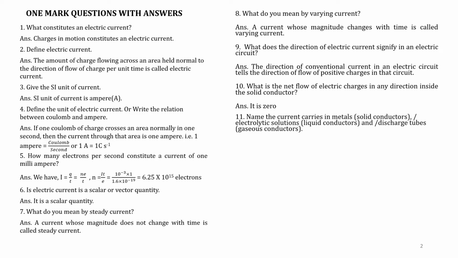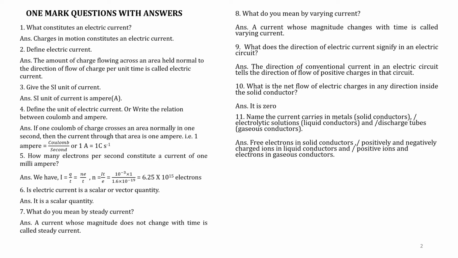Question number 11. Name the current carriers in metals. That is, he has given solid conductors, electrolytic solutions, that is liquid conductors, and discharge tubes, gaseous conductors. That is, we have to name the current carriers. Answer.